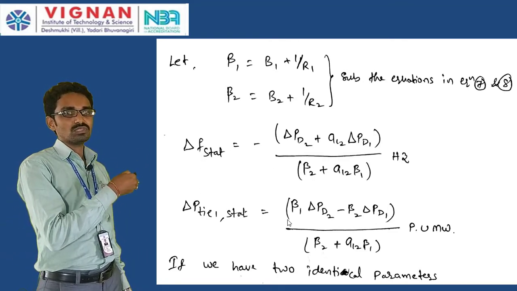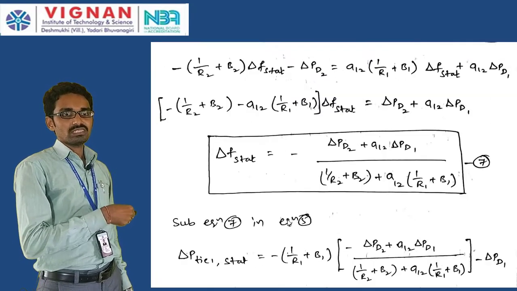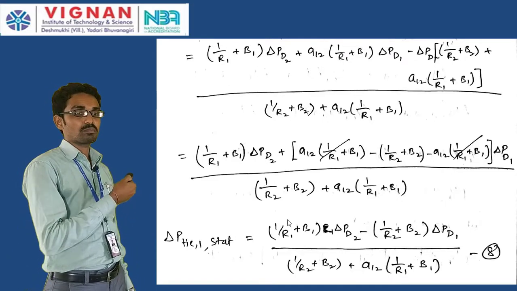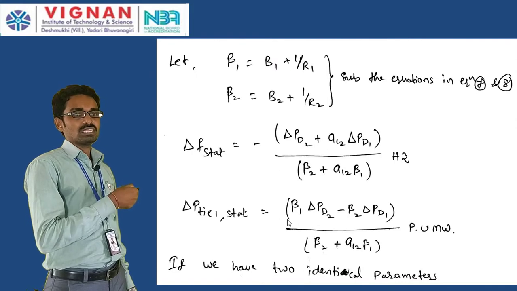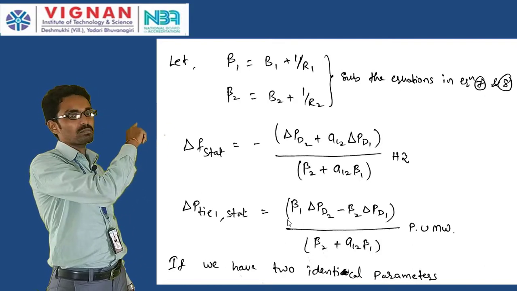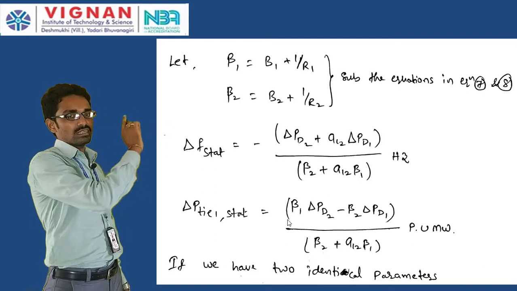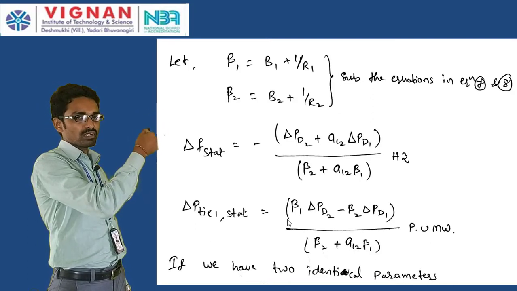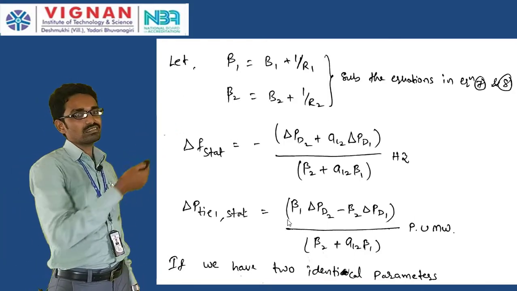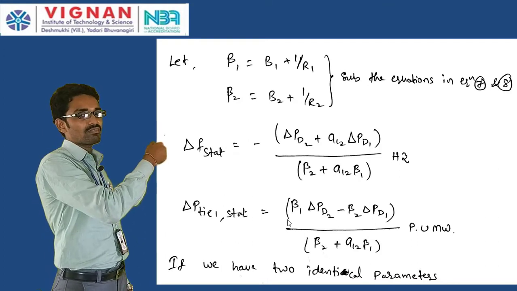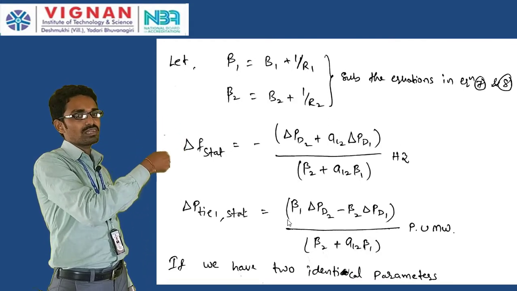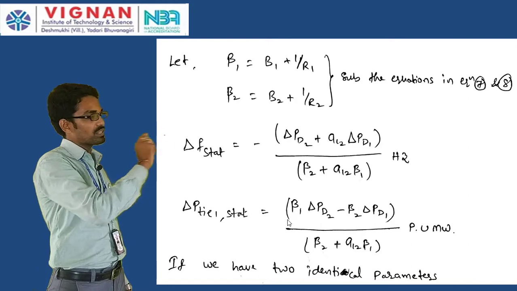If I substitute these two in equations 7 and 8, where equation 7 is the delta F static equation and equation 8 gives the delta PT1 static value, then delta F static is equal to minus delta PD2 plus A12 into delta PD1, divided by beta 2 plus A12 into beta 1, and the units of frequency are in hertz. Delta PT1 static is equal to beta 1 delta PD2 minus beta 2 delta PD1, divided by beta 2 plus A12 into beta 1, in per unit megawatts.